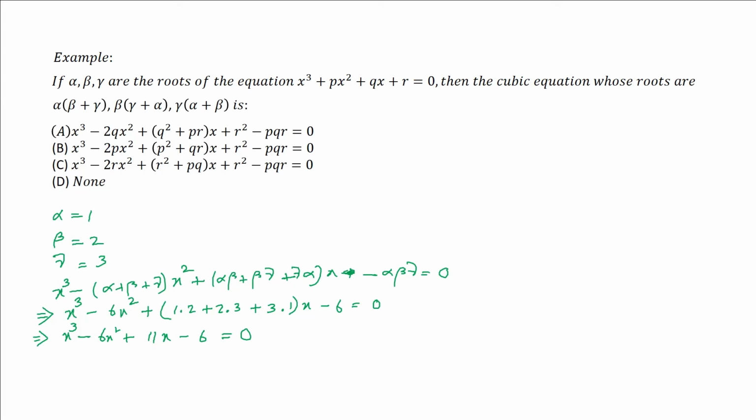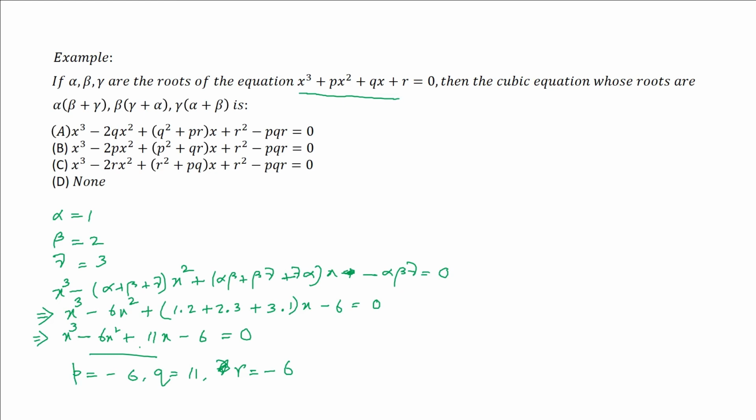Now we compare this equation with the given equation. So you get here P equal to minus 6, Q equal to 11 and R equal to minus 6.